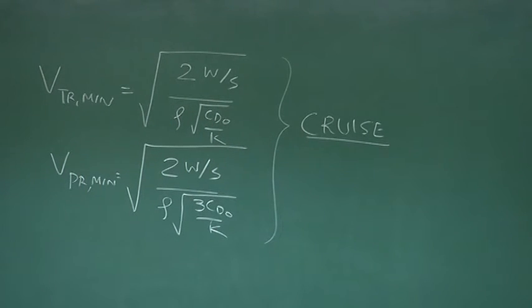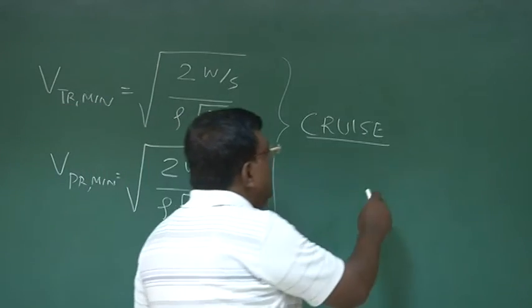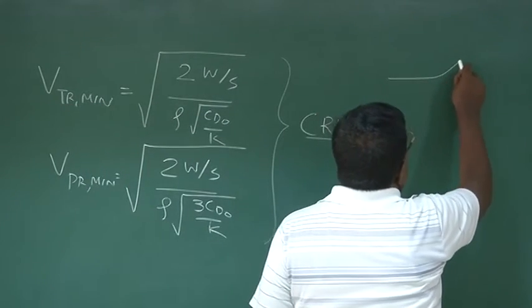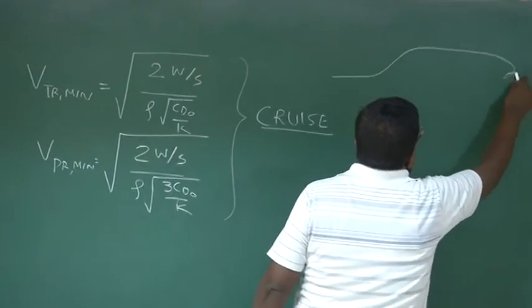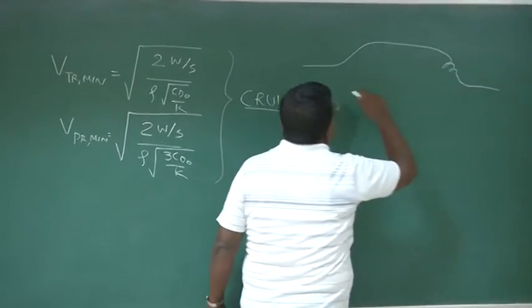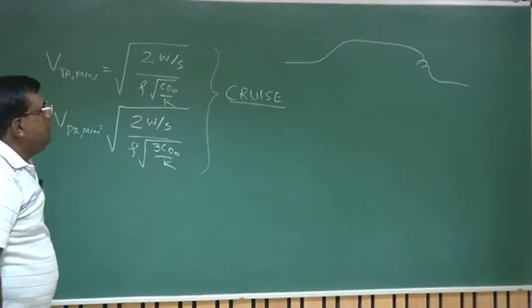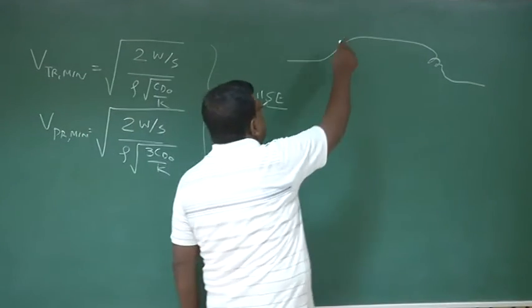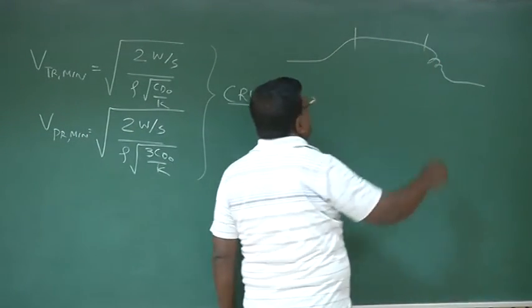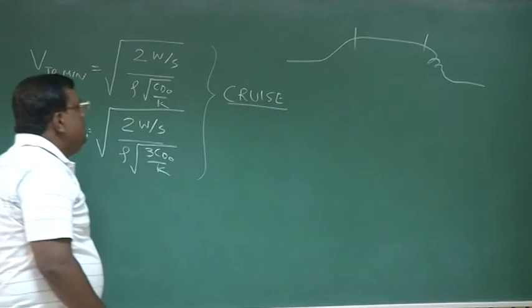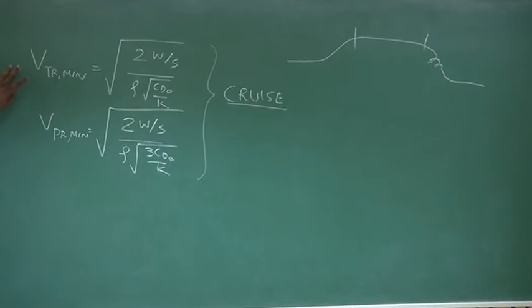And more pictorially, we know that these are the basically schematic of different flight paths an airplane will be taking, and we are concentrating here on the cruise phase. So the message here is very clear for a designer.